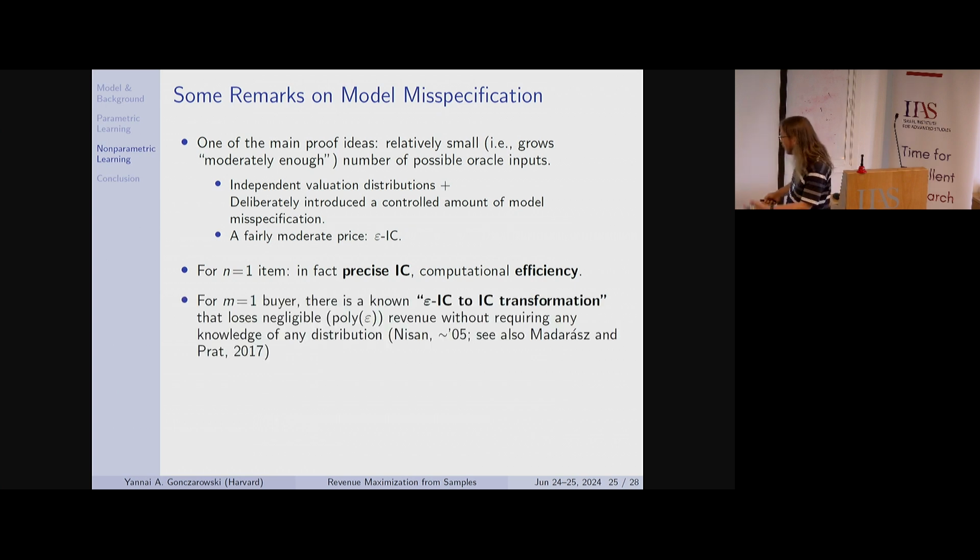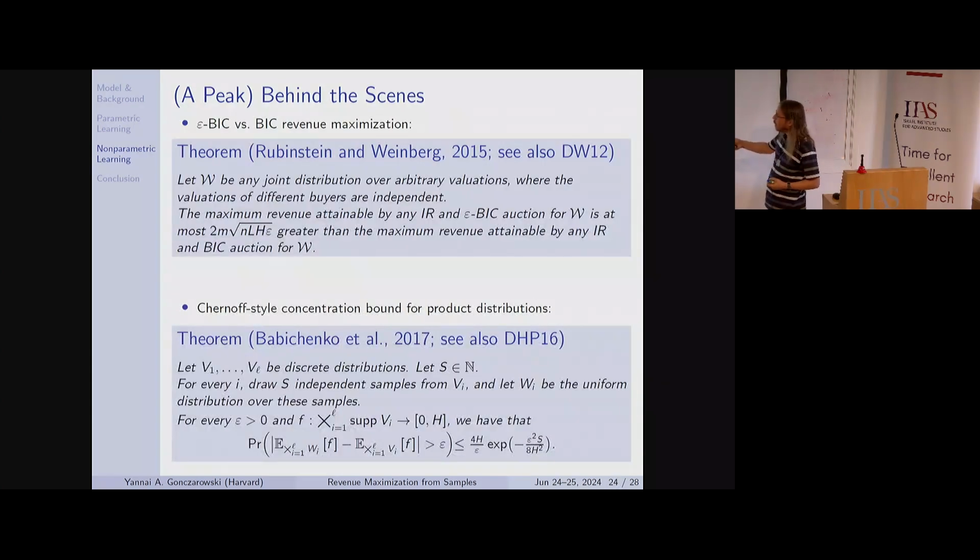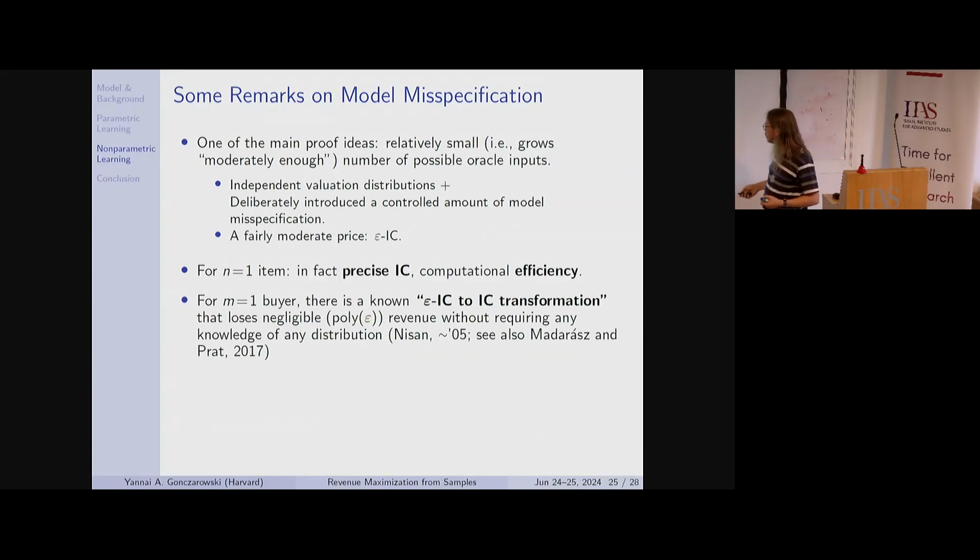For one buyer, there is a known epsilon IC to IC transformation, so not only something information-theoretically telling you you have similar revenue, but there's also a way to take an epsilon IC auction and turn it into a precisely IC auction, using negligible revenue without requiring any knowledge about the distribution.